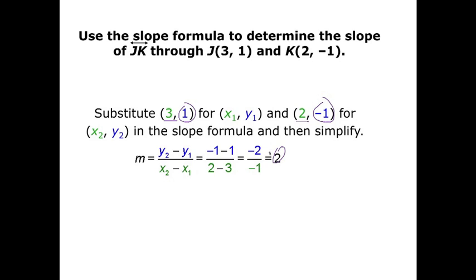But remember, if I had switched this up, if I had said that this coordinate was really my x2, y2, and that this coordinate was my x1, y1, then what I would have gotten would have been a positive 2 over a positive 1, and it still would have been positive 2. So again, it just does not matter which one you assign.